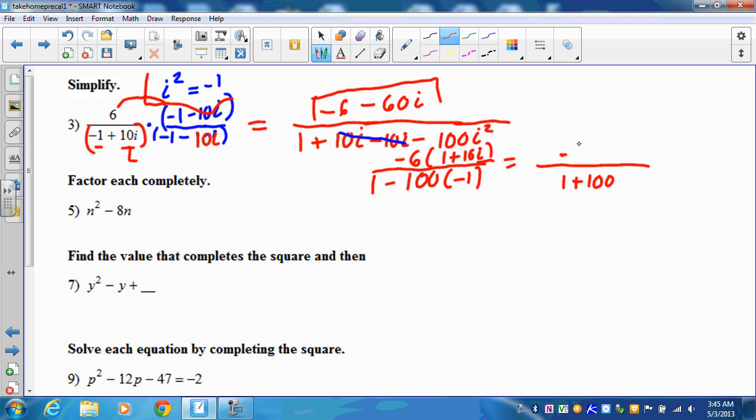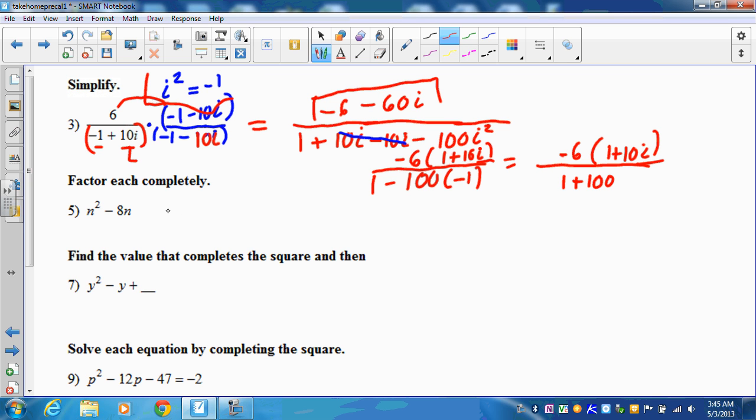And we have a negative 6, 1 plus 10i on it. So that's about all you can do to this problem. Just remember that this technique will get rid of anything in the denominator if it's in the form of addition or subtraction.